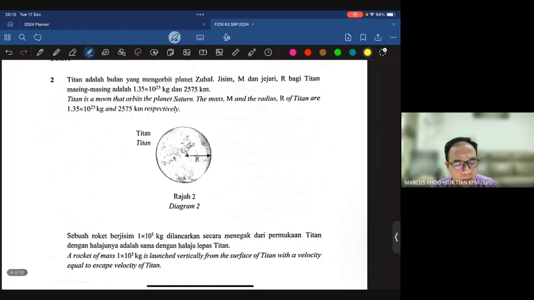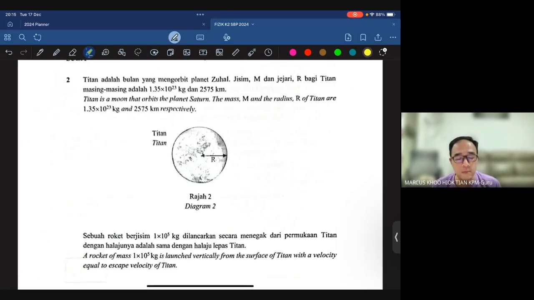All right. Number 2, Titan is a moon that orbits the planet Saturn. Be very careful. Titan is the moon, Saturn is the big planet. The mass M and the radius R of Titan are 1.35 times 10 to the power 23 kilograms and 2575 kilometers respectively.